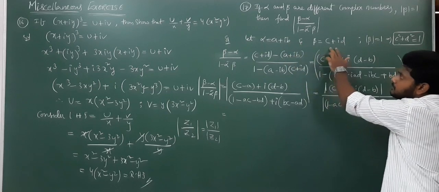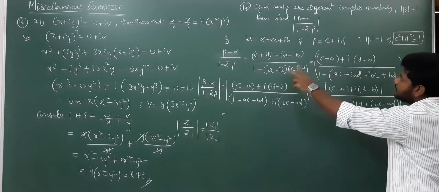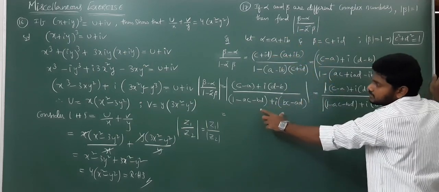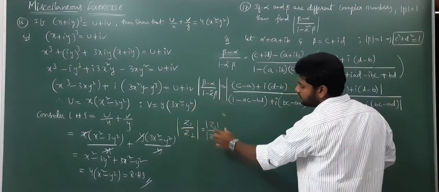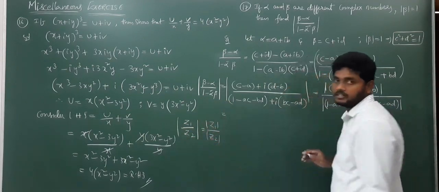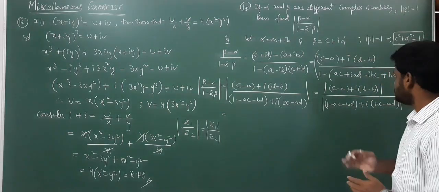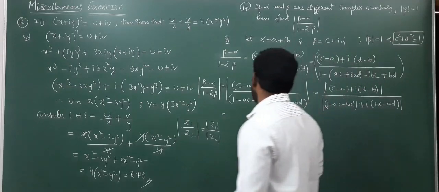This is alpha, this is beta, as they said, two different complex numbers. From those two, we need to substitute in this form. After simplification, we get this. But they have given the modulus, and modulus of Z1 by Z2 is equal to modulus of Z1 by modulus of Z2, which we know by using the properties of modulus. So as per the properties, we have separated the modulus into numerator and also denominator.